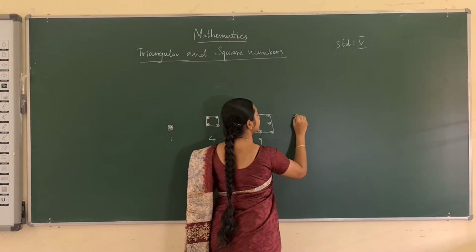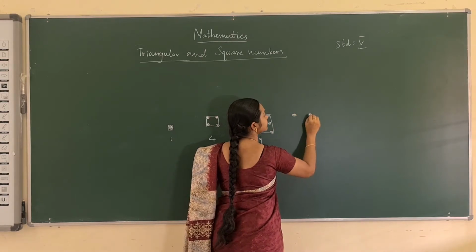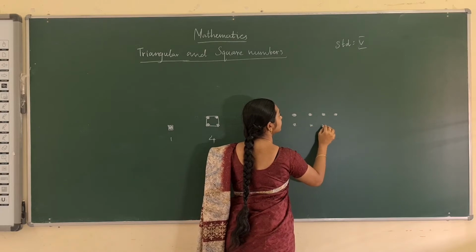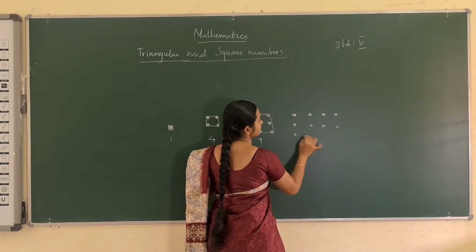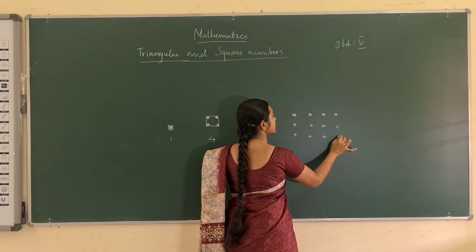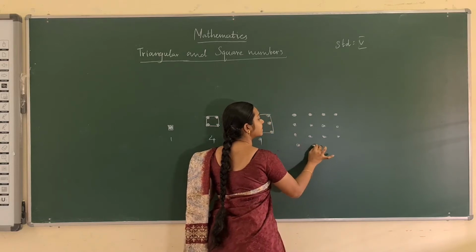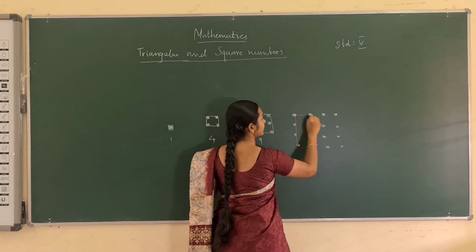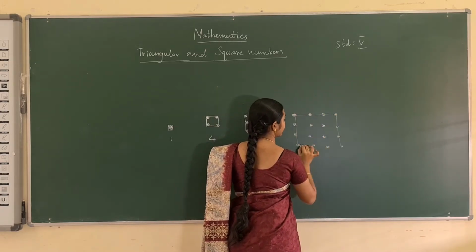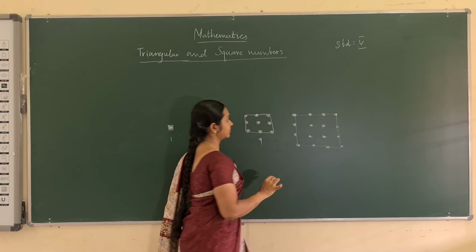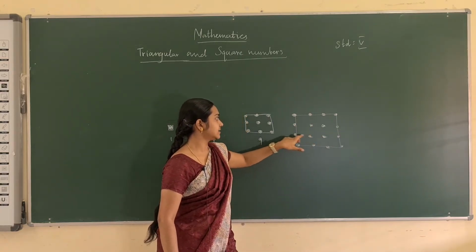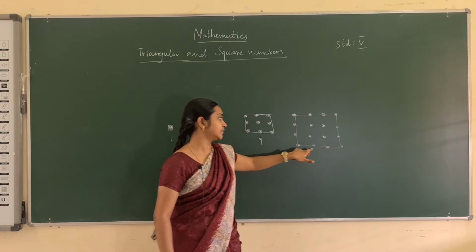Next, 1, 2, 3, 4, 5, 6, 7, 8, 9, 10, 11, 12, 13, 14, 15, 16.